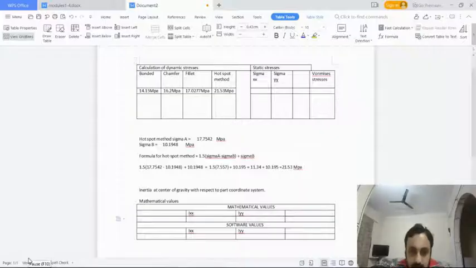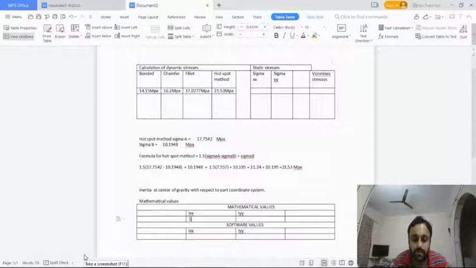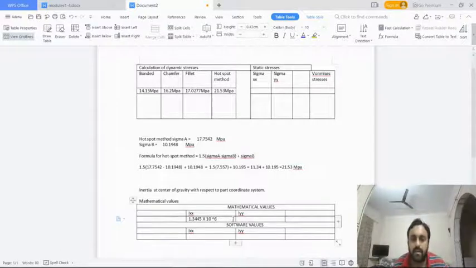Our mathematical value is coming out to be 1.3445 times 10 to the power 6 for IXX, and for IYY our mathematical value is coming out to be 5.018 times 10 to the power 5.